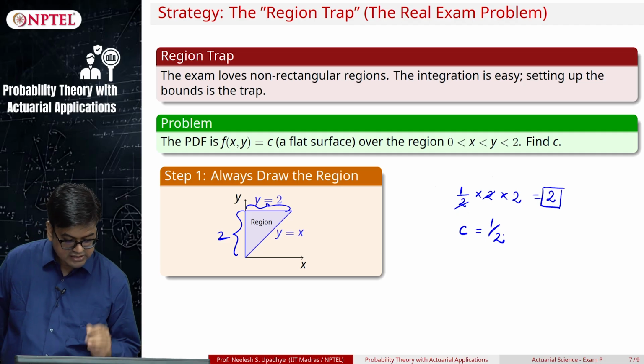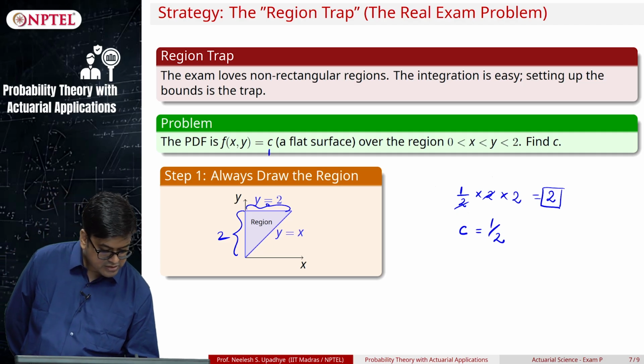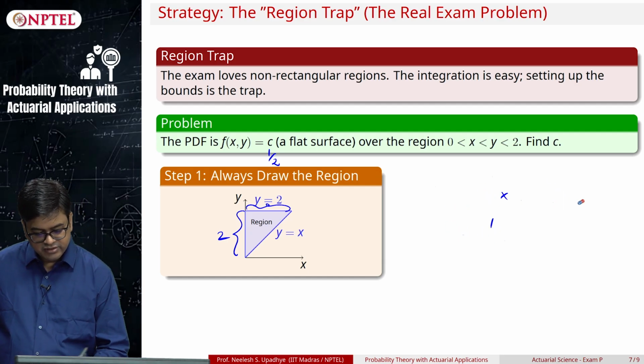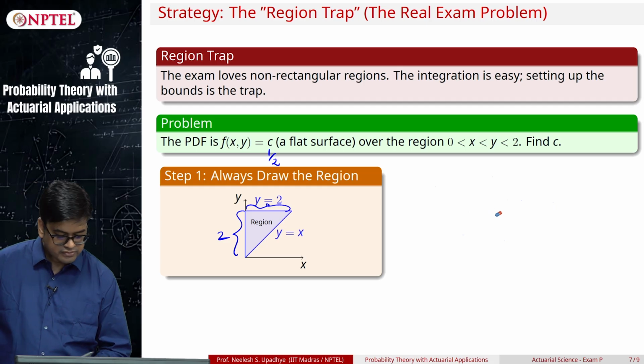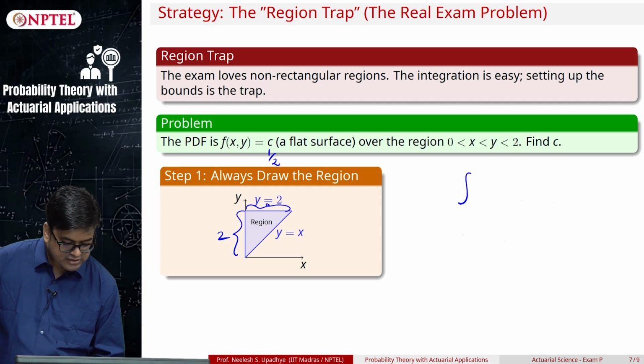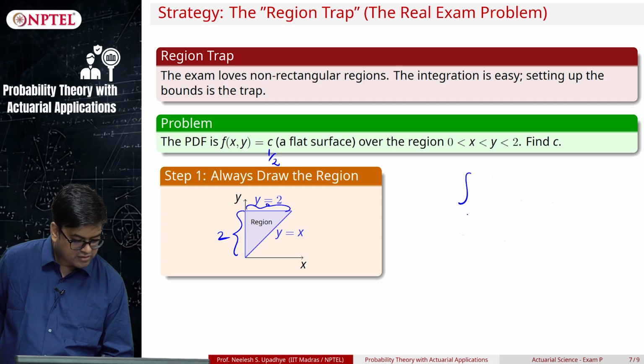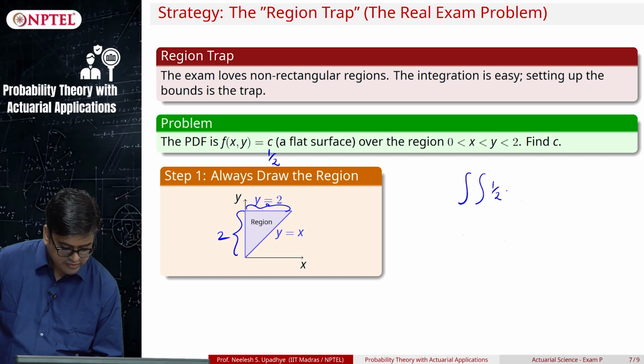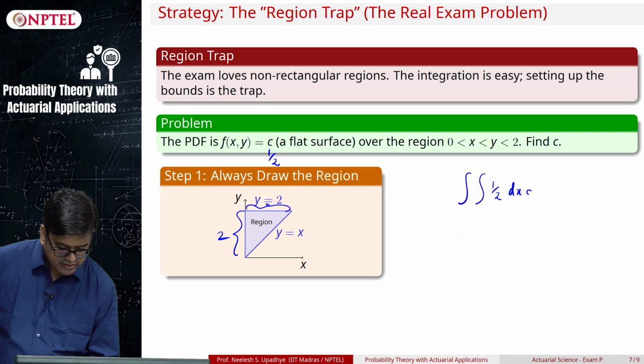So, let us replace this with 1 by 2, put C to be 1 by 2 and integrate over this region and check whether we are getting the integral to be equal to 1. Okay. So, let us say this integral of f(x,y) is half dx dy.